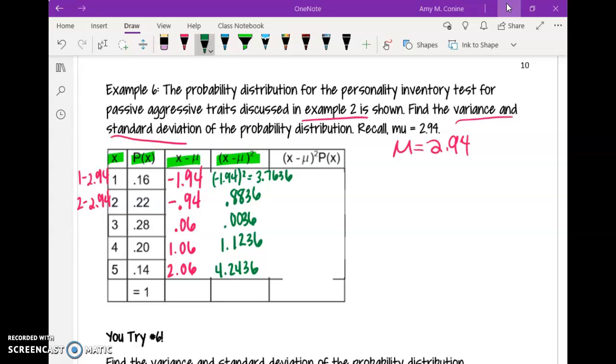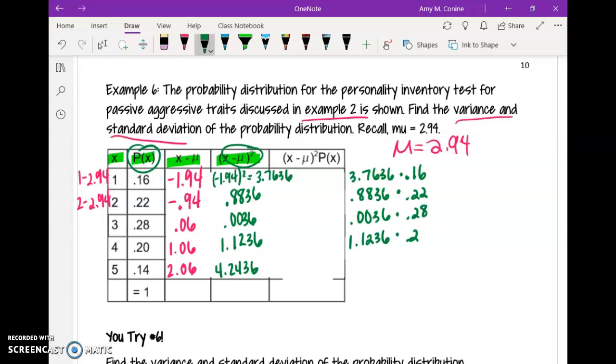Now the last column says we're going to take our square and our probabilities and multiply them together. So 3.7636, we're going to multiply that with our 0.16, our 0.8836, we're going to multiply that with our 0.22, the 0.0036, we're going to multiply that with our 0.28, and we're just going to finish the column like that.